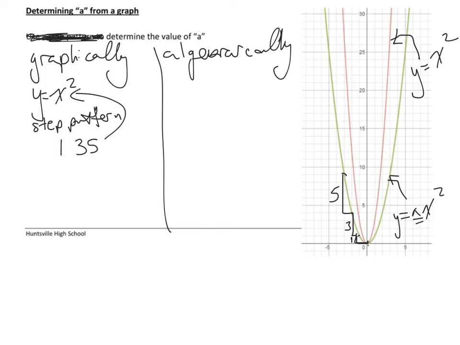So then what we need to ask ourselves is, for the second parabola, if we started at the origin, what's our step pattern? There's our origin, and our next point looks like about there. And geez, it looks to me like it's about here. I'm just going to double check that.